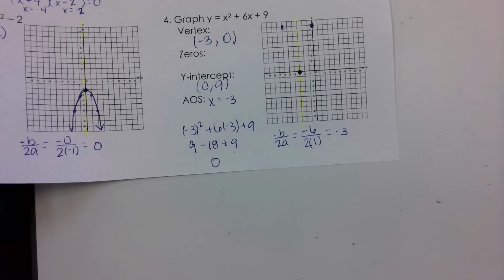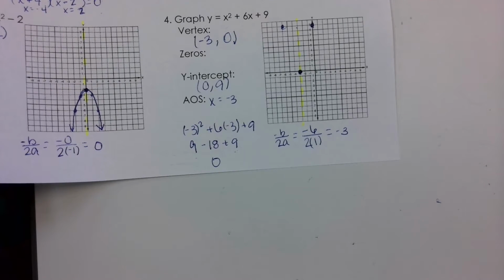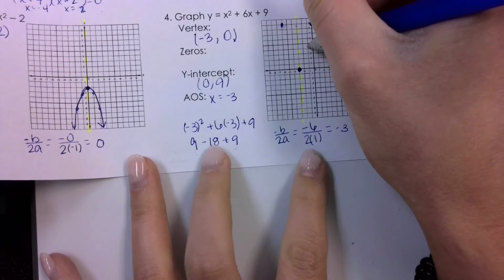What are some other points that we could plot? We got 0, 9. What could you do for negative 1? Negative 1 gives you what? Look in your table. 4. Negative 1, 4.